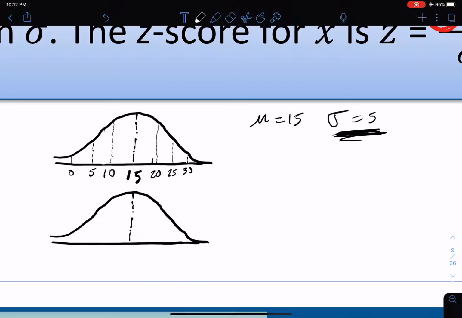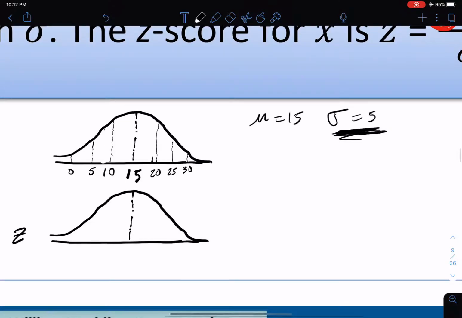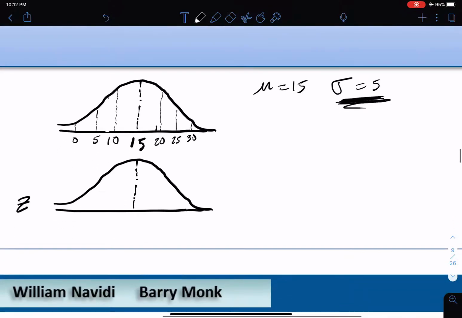What a z-score does for us is it standardizes it in the way that 0 is always going to be your mean. So 0 actually corresponds with this 15. A z-score of positive 1 is going to correspond with this 20.